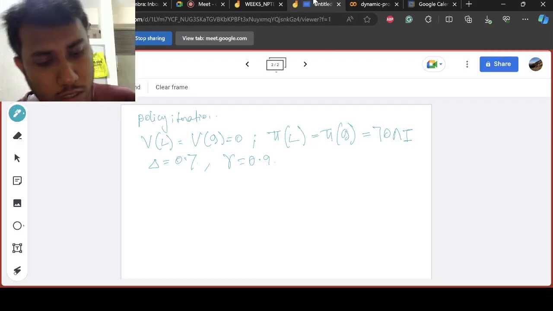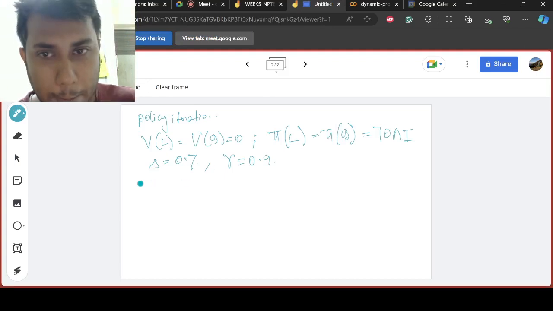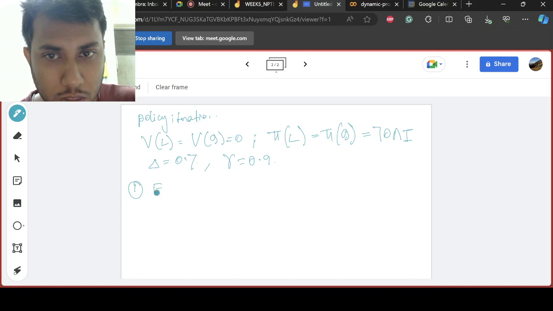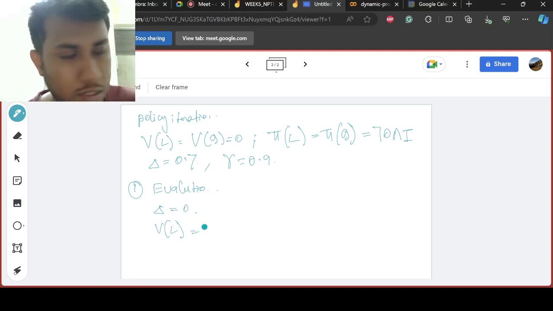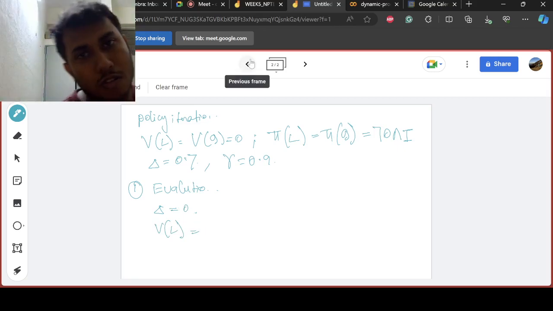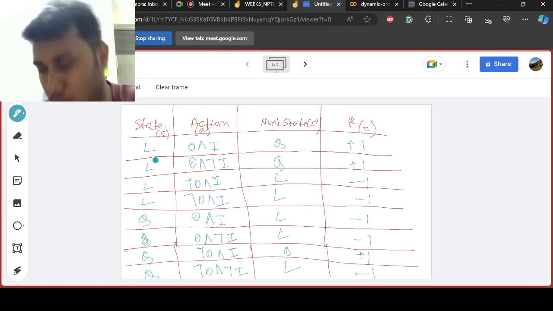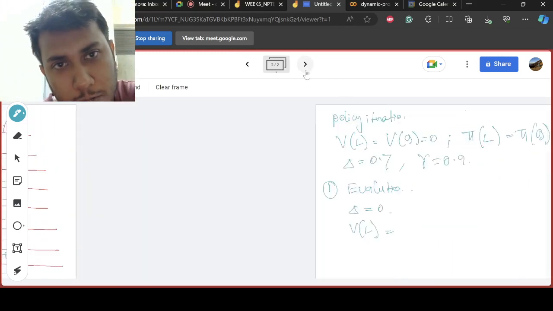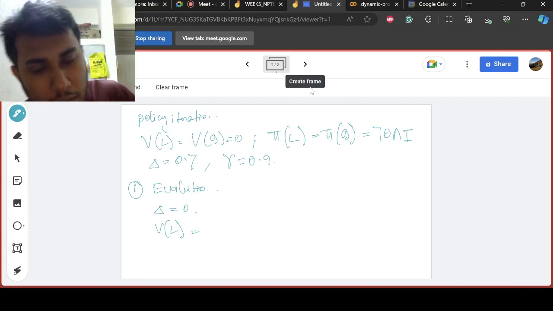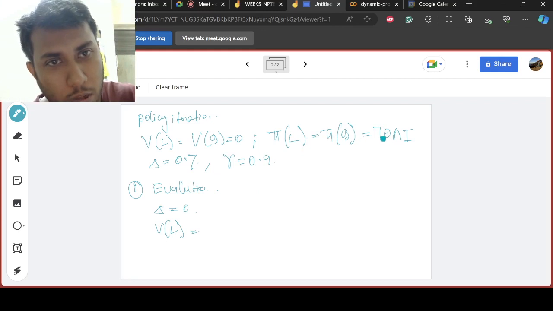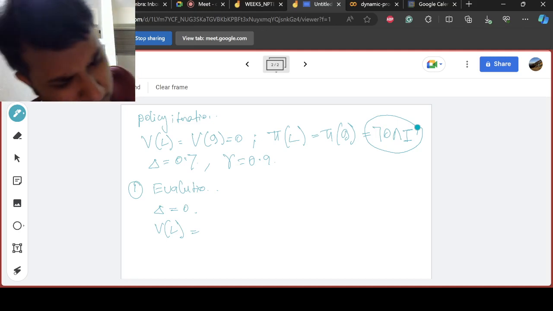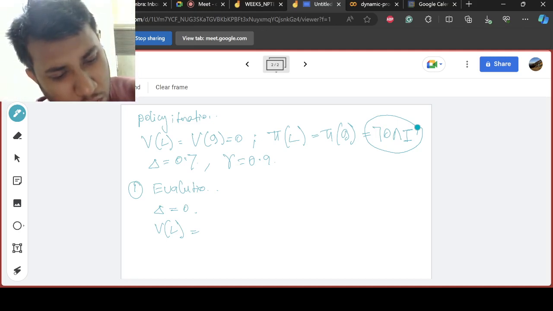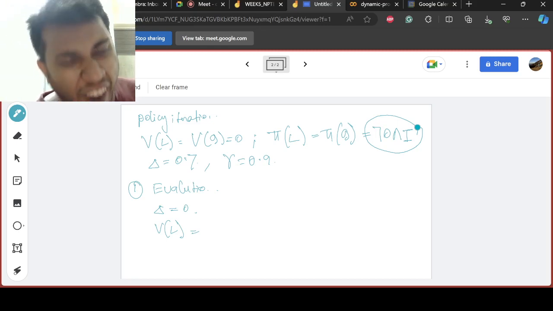So now we will first do the evaluation. First, delta is equal to 0. What is the value of L? From L, where can we go? The current policy is also given for value policy evaluation. The current policy is no organ and incense.